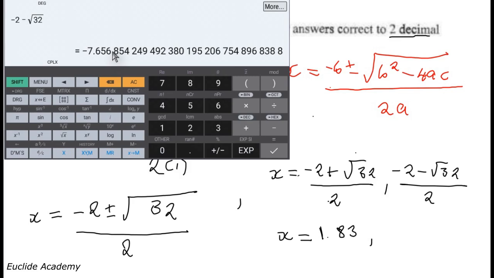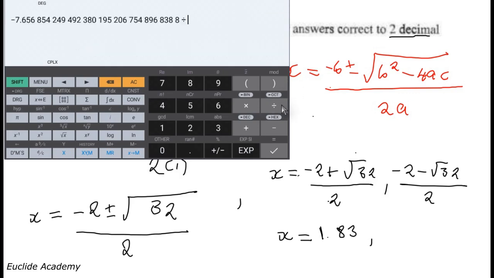We have negative 7 point something, and then we say equals to give us the final answer, and then we divide by 2.